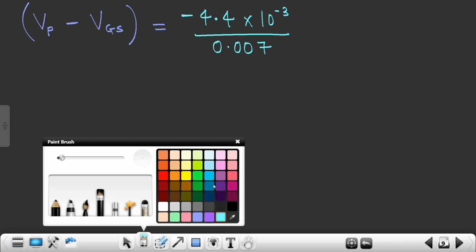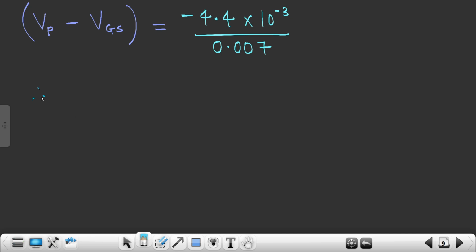So VP minus of VGS pans out to be minus of 0.628, and I can write this minus of 0.628 as 0.63, right? It can also be written as 0.63.